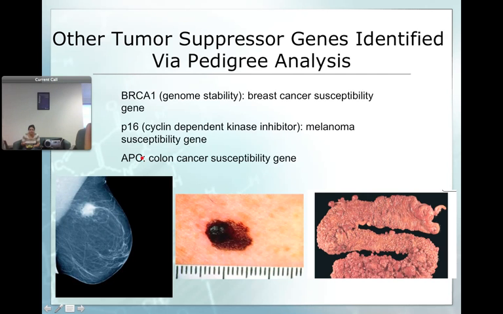or APC gene, which is mutated in this familial form of colon cancer, where the people get thousands of teeny little polyps all over. Here you can see some bigger ones on the top of the screen that are hanging off of the mucosa. So these things form on the surface of the colon, and the function of the colon is to resorb water.